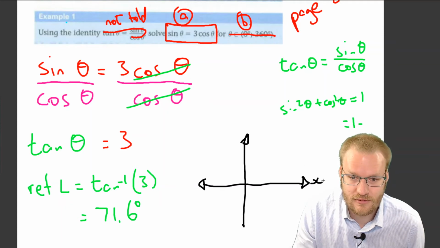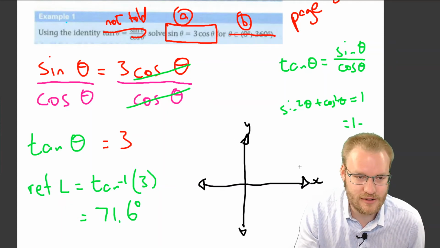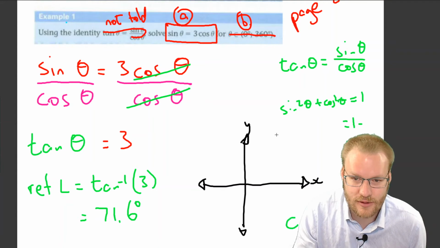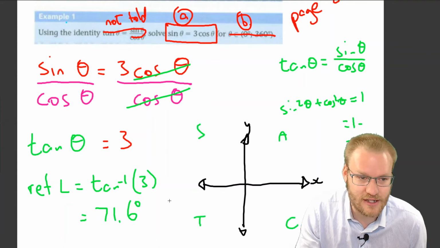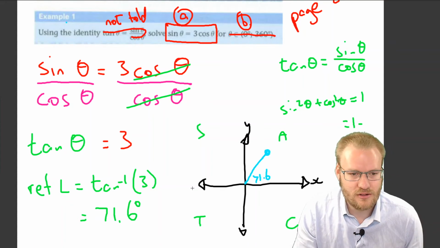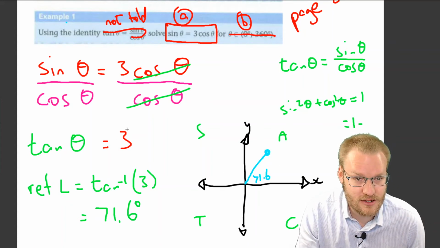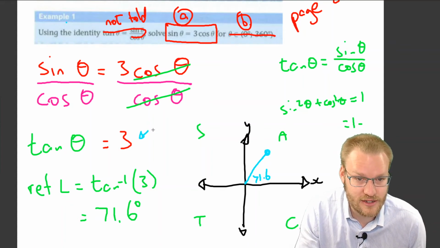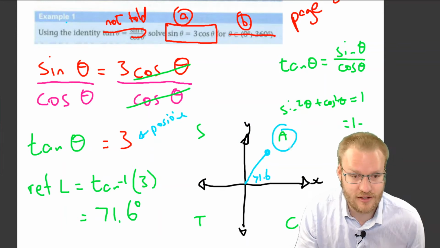Cartesian plane, just a little scrap Cartesian plane. I'm adding my x and y. We know CAST, C-A-S-T. We're given our reference angle is over here, 71.6, and tan we were given is positive. So this part here says tan is positive. Therefore, this is one of our solutions.